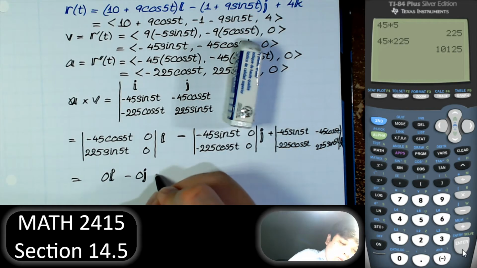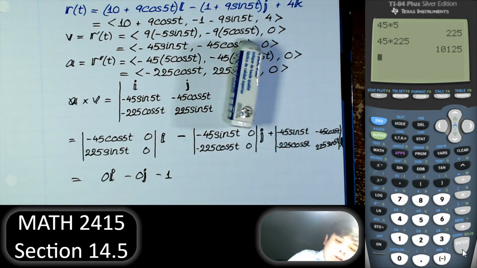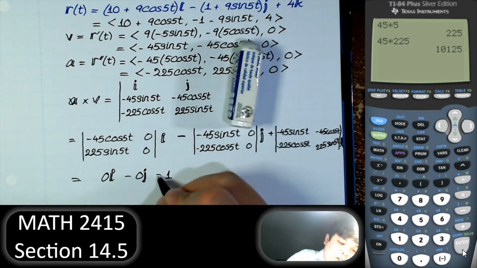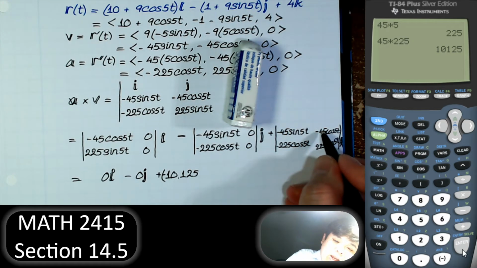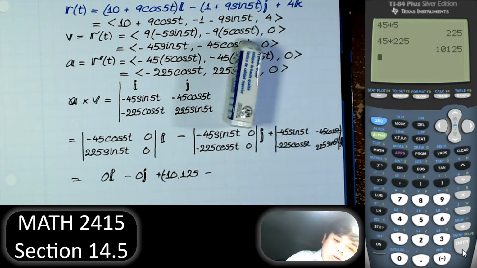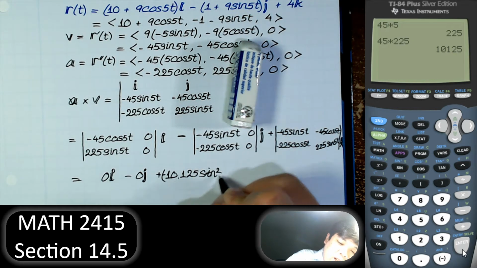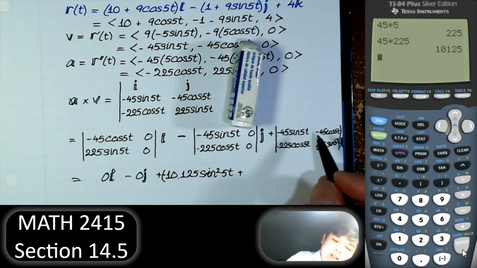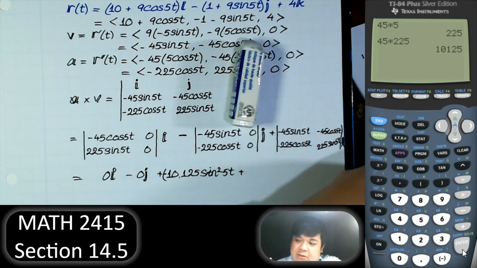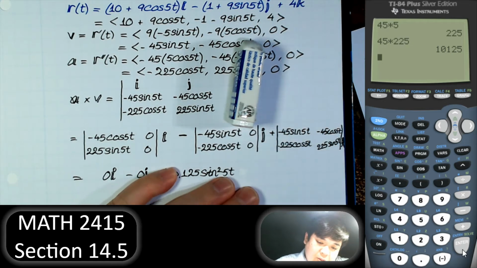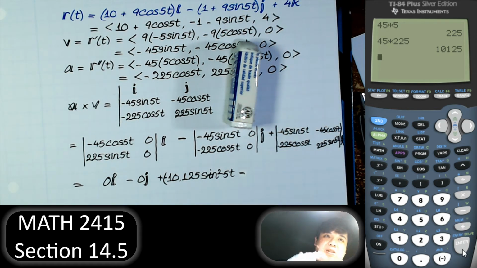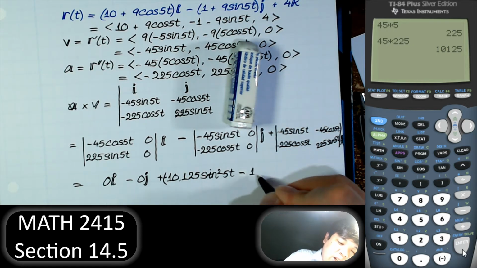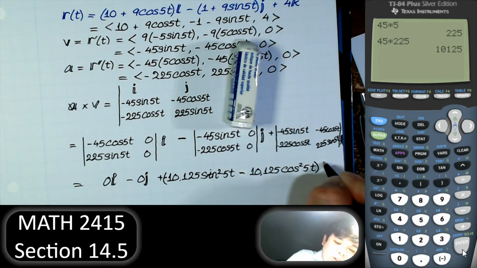So it's going to be negative 10,125 sine square 5t, and then subtract negative times negative, so the negative sign still remains: 10,125 cosine square 5t k.